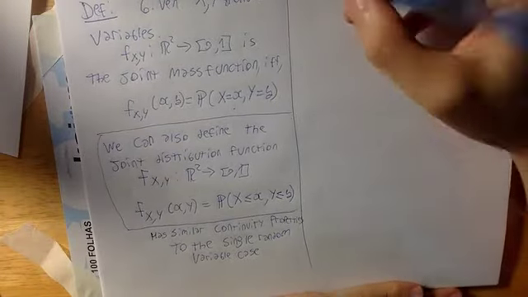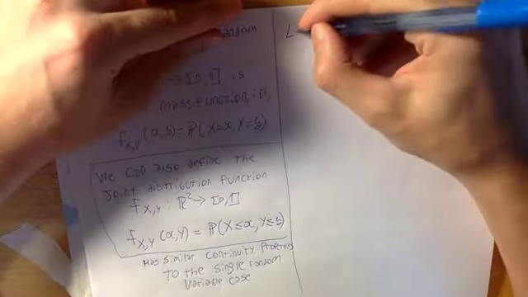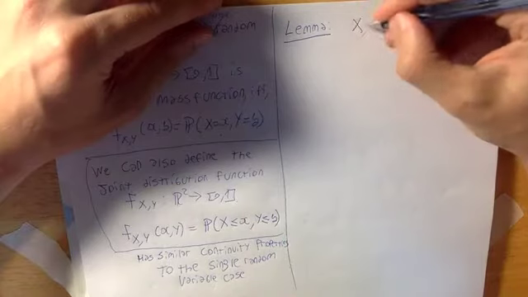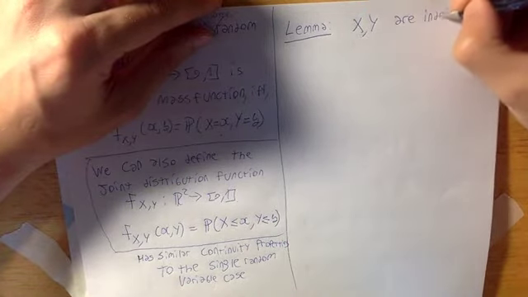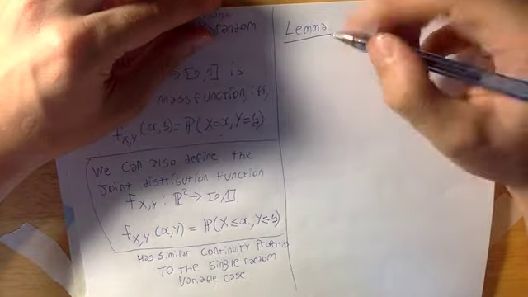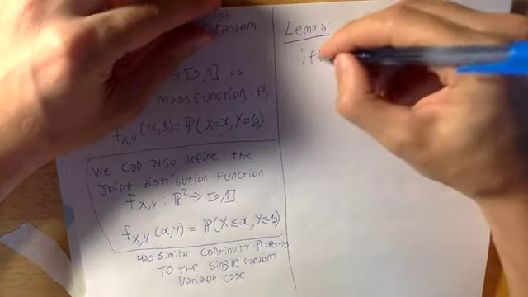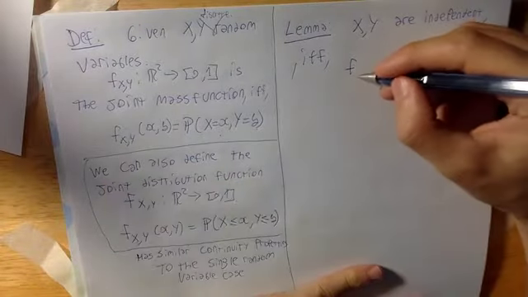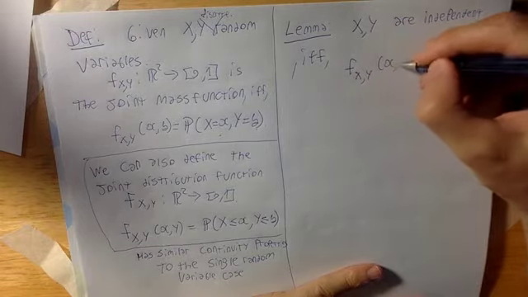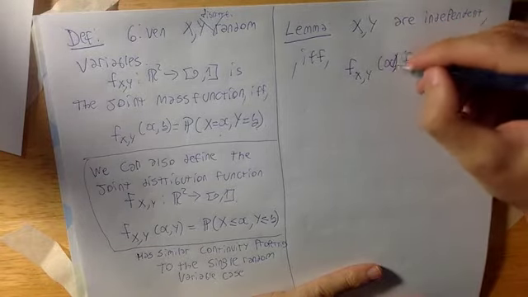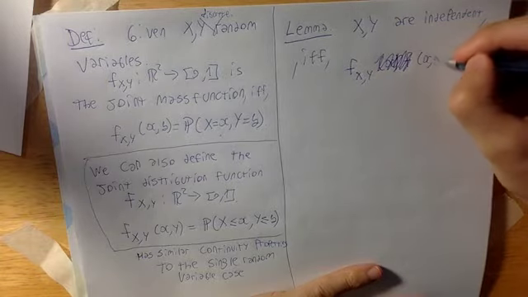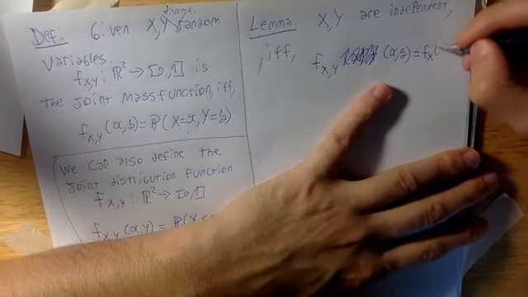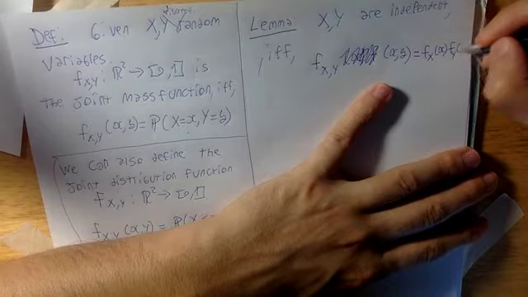Okay, so just to have a notion of independence, let's look at the following lemma. X and Y are independent if and only if the joint mass function f of x, y at x, y is equal to the marginal at x and the marginal at y.